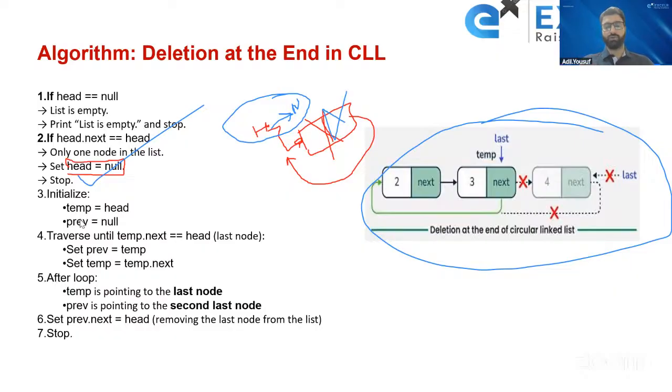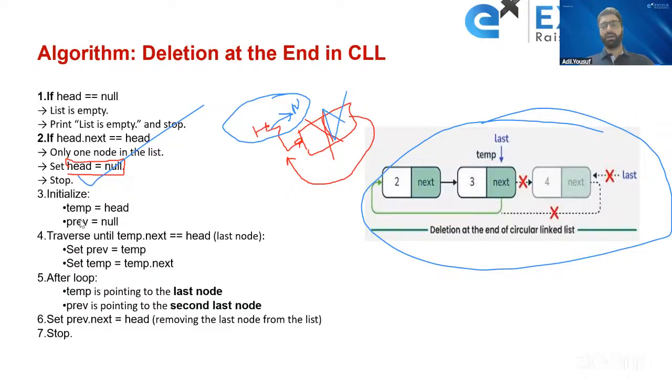For that, we'll be using this temp variable, and what will previous be used for? Previous will be used to keep track of the node before the one that temp is pointing to. Means if temp is pointing to 10, previous will point to 9. So it will keep track of the node before the one temp is pointing to.